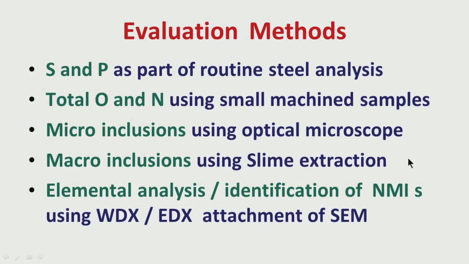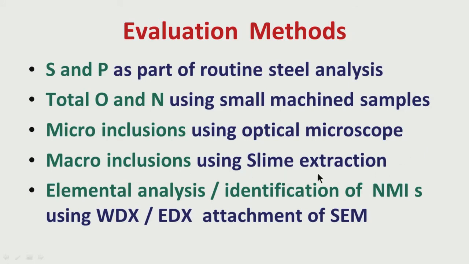Now, for looking at macro inclusions, as I have told you, macro inclusions are very few in number. So, we can see innumerable micro inclusions under the microscope, but there will possibly be very few, or we may not even find macro inclusions under the microscope. So, what do we do? What is the way?